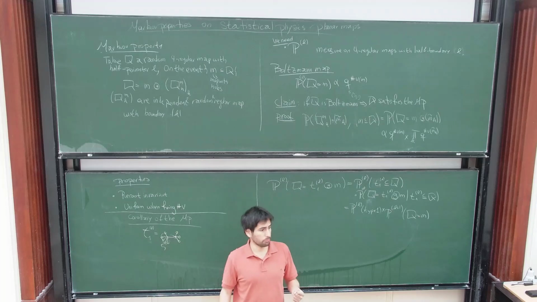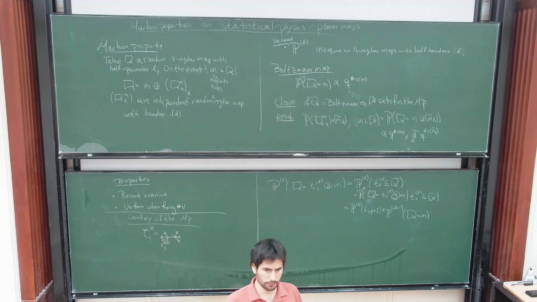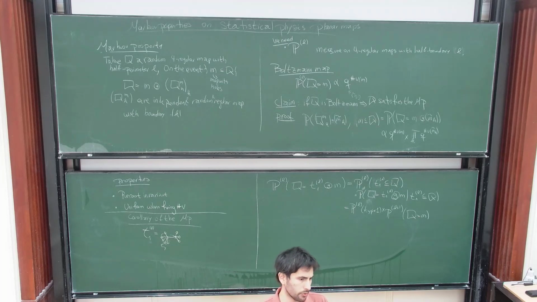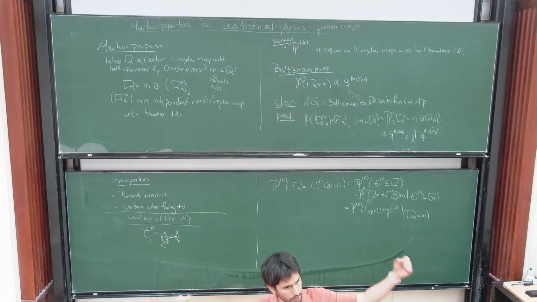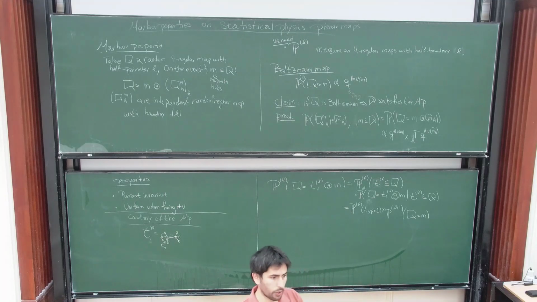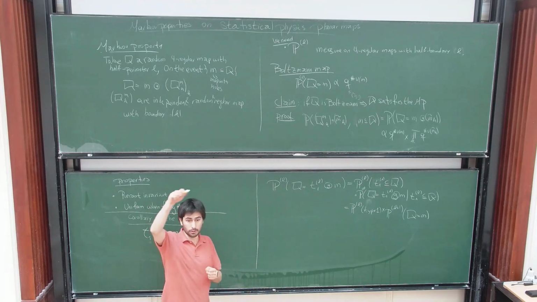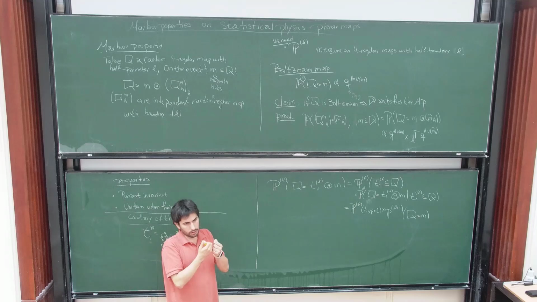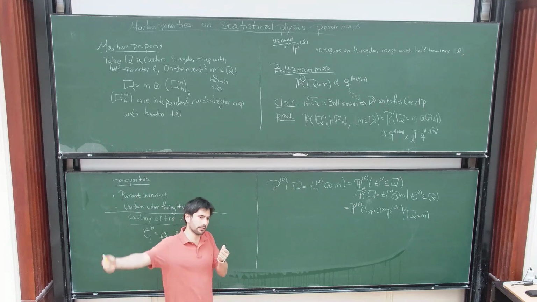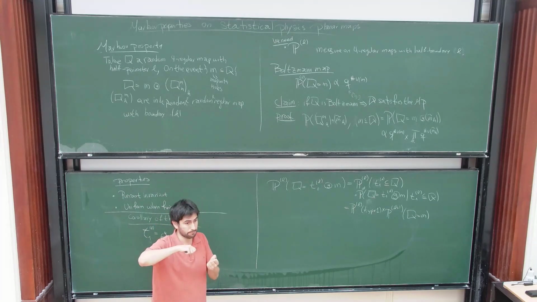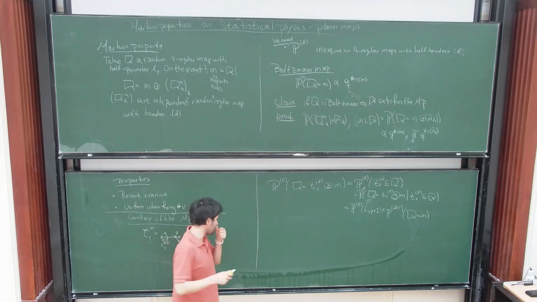So I call this peeling of type 1. If you have seen discussions about random planar maps before, you see, okay, I do a peeling of the root edge and I discover, people would say a new face, I would say a new vertex. That's one possibility. Of course, the second possibility is that I discover that the edge was connecting the vertex to itself.